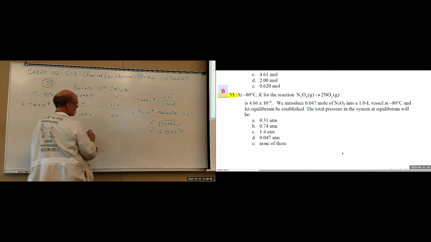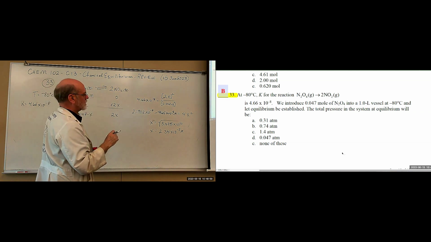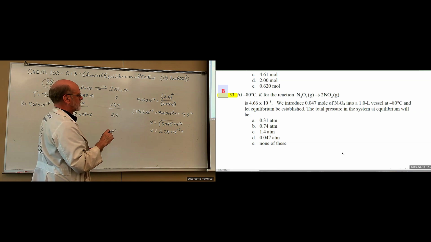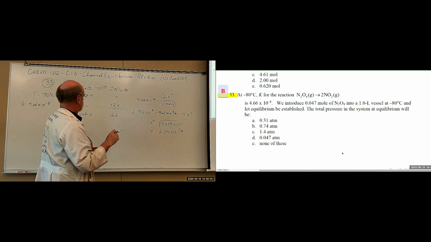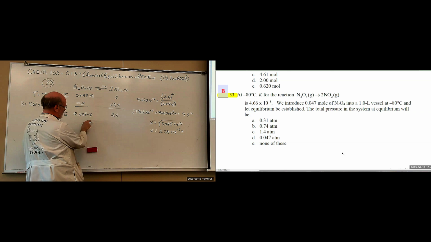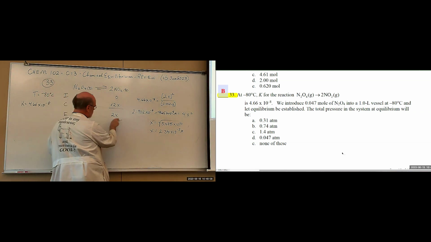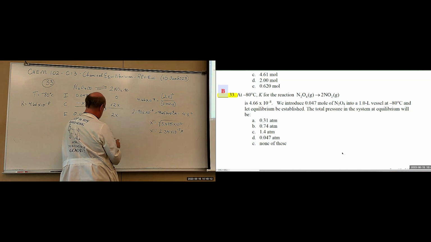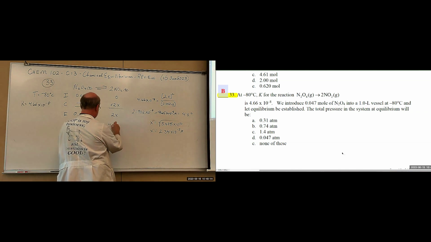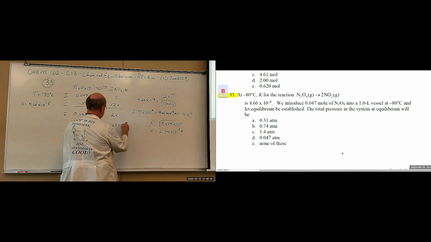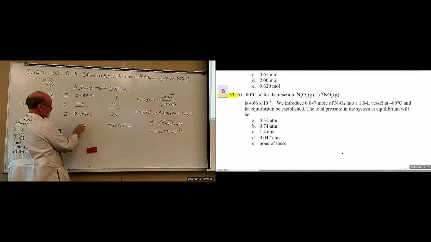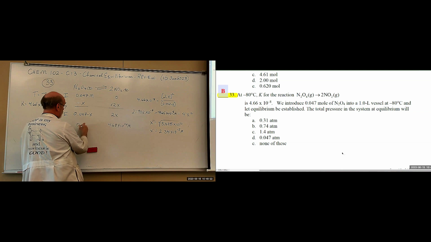That's X. So this is going to be 2 times X, would be this one, 4.68 times 10 to the minus 5 molar. And this is going to be 0.047 minus X, which is essentially 0.047.